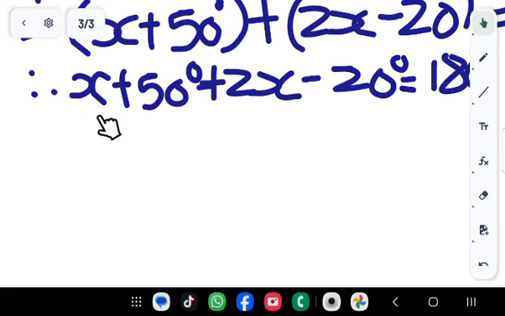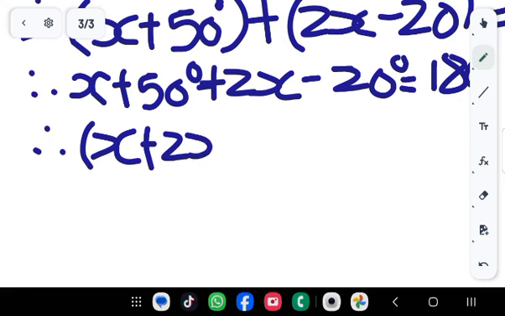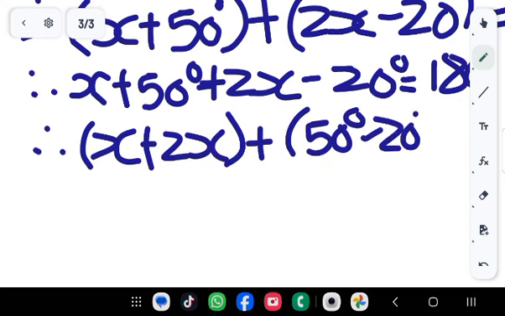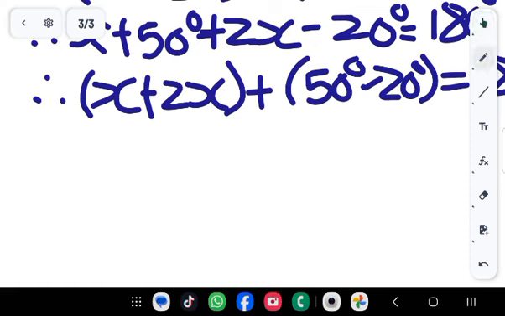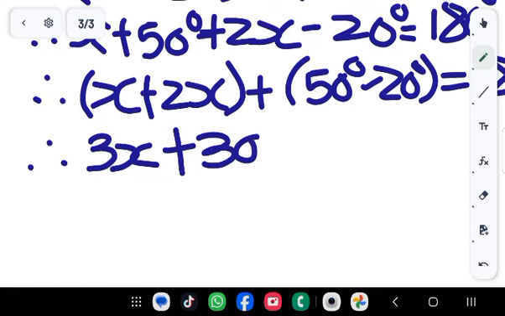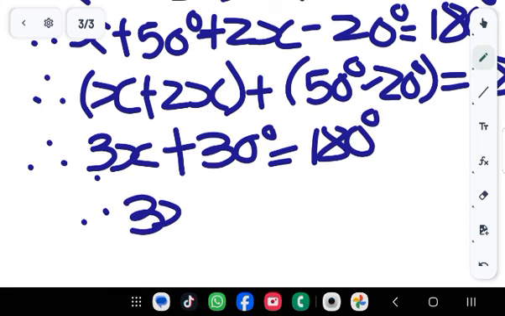Now we add like terms: x plus 2x plus 50 degrees minus 20 degrees equals 180 degrees. X plus 2x, that is a goat plus 2 goats, that gives us 3 goats, so that is 3x. 50 minus 20 is 30, which equals 180. Take everything that is not x to the right hand side.